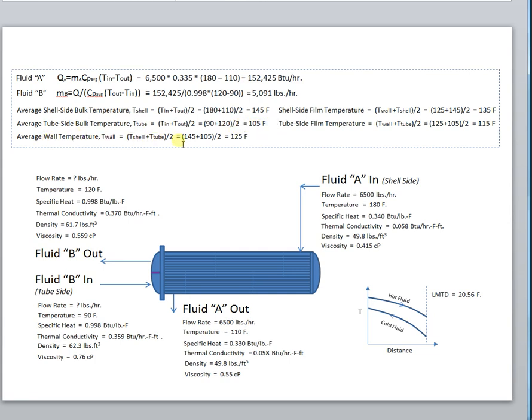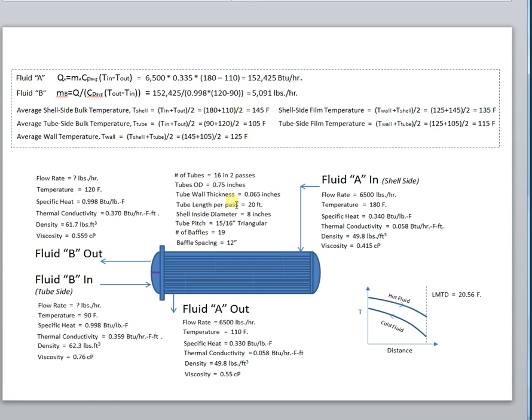The average wall temperature therefore is 145 plus 105 divided by 2, which is 125. For the film, it's the wall plus the shell divided by 2, which is 135, and on the tube side it's 115. You could either use these film temperatures, or a more conservative approach may very well be to use the bulk temperatures.